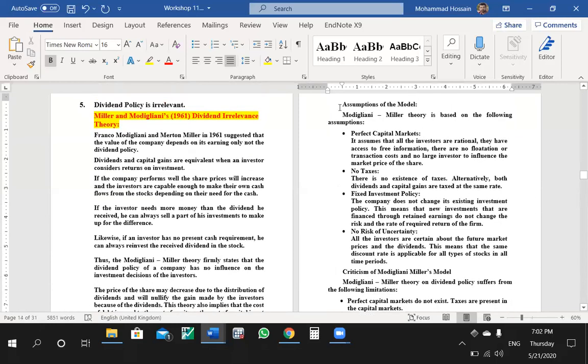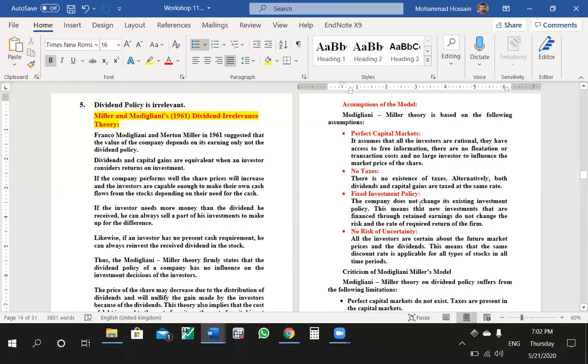Okay, so when he made this model, he made some assumptions, four assumptions in here. The first assumption is a perfect capital market. From his point of view, the capital market is perfect, which is actually not true. In his theory, he did not consider taxation. Tax has not been considered in here.